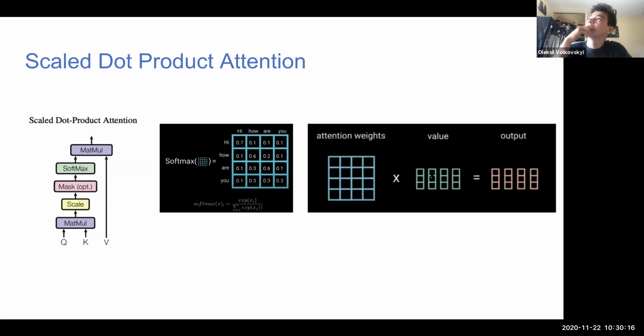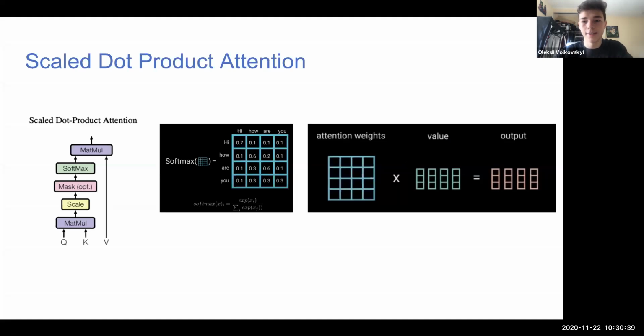Let me give you concretely the dimensions. The rows of the value matrix are the number of words, and the columns are the encoding size, which is a hyperparameter you can choose.